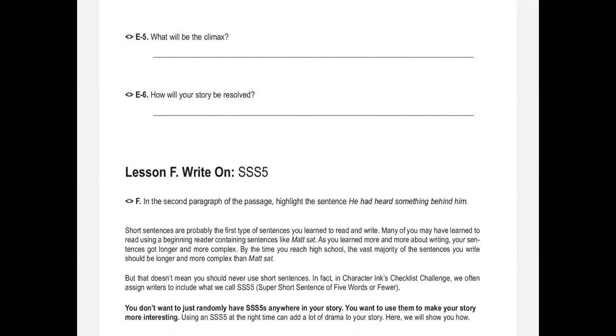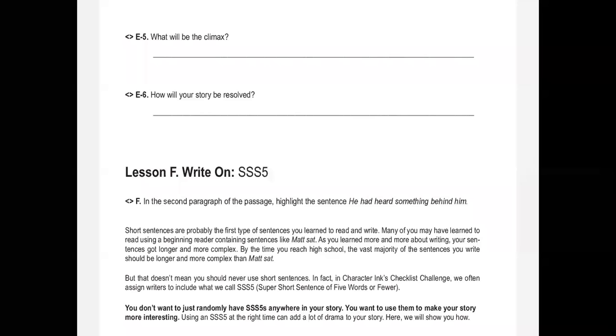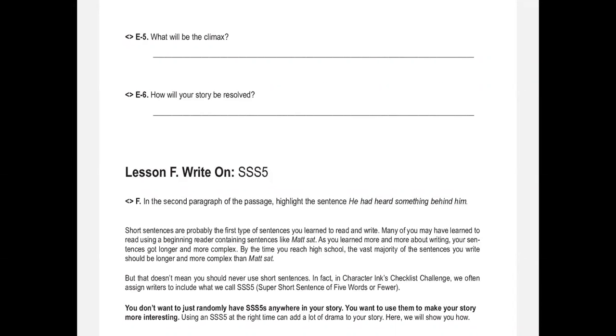The SSS5 is used in a lot of places throughout my books, right? We use it to give sentence variety, so that you have sentence openers. Of course, I teach sentence openers. I teach compounds. I teach compound complex. We teach all of the different types of sentences.